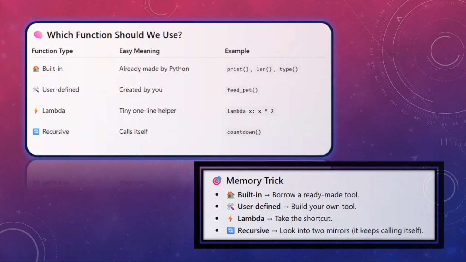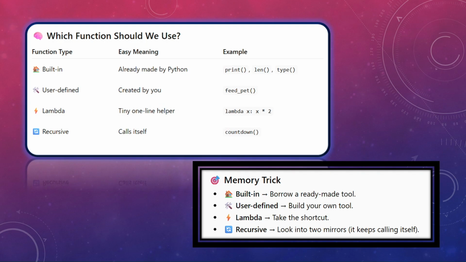So which function should we use? Built-in functions are already made by Python, so we don't need to replicate those. We can use those. The ones that are not available within the library and which need custom business scenarios, we create user-defined functions for them.